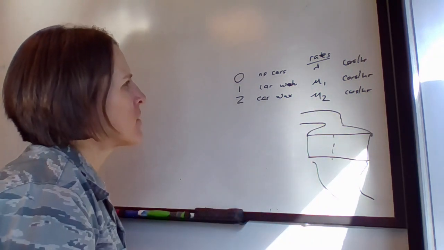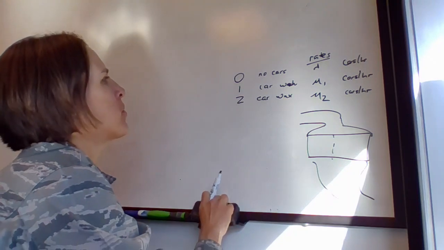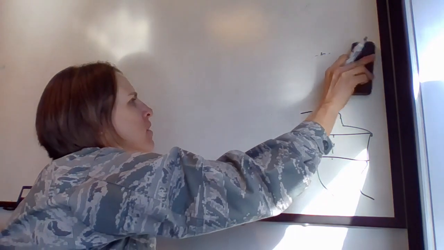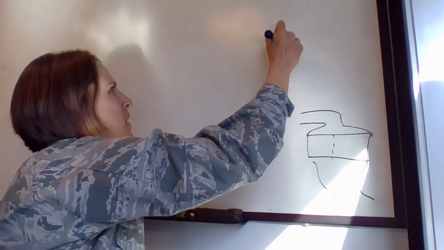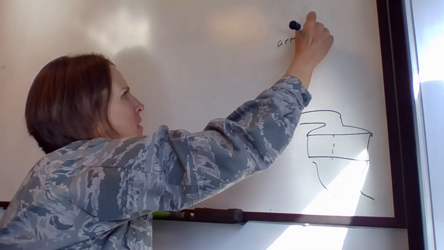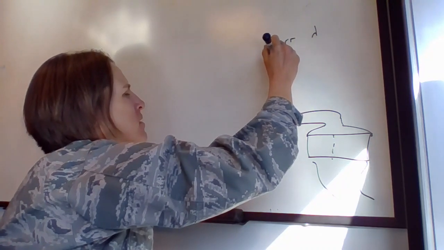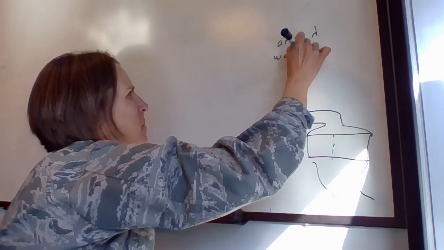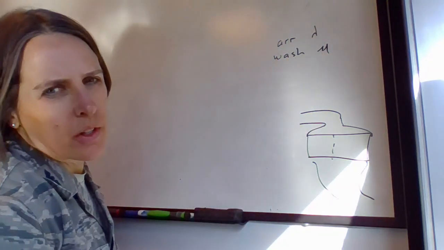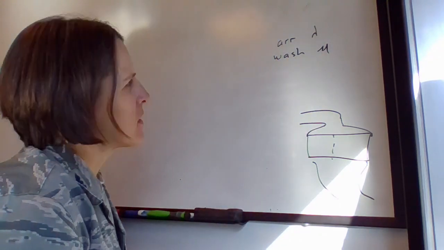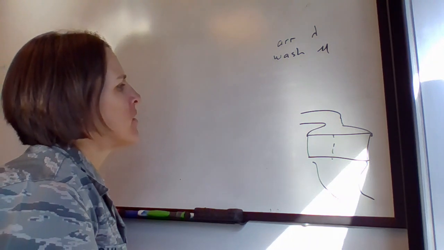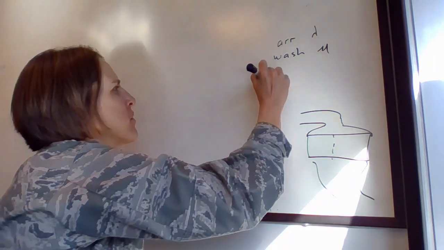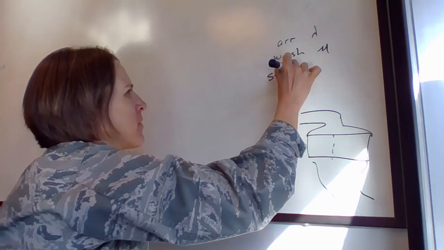So in this case, we're going to change our states a little bit. Cars are still arriving with rate lambda, and it takes rate mu to clean them, and this time we're not going to worry about waxing. So our state is going to be the number of cars in the car wash.